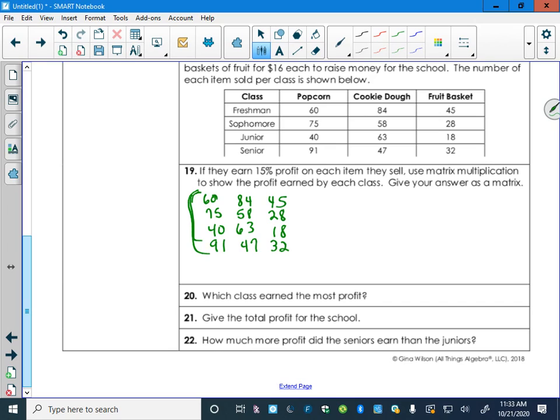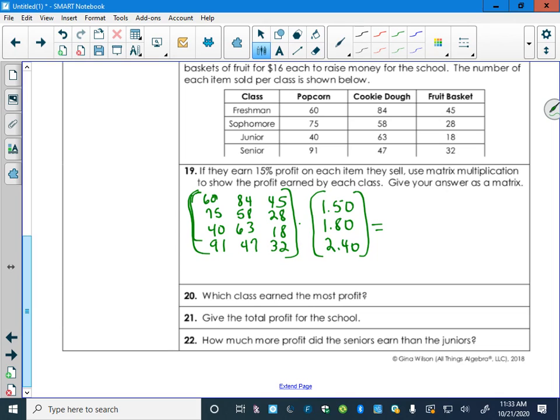All right, so I've made that into a matrix. I'm going to multiply by the profit of each, so that's $1.50, $1.80, and $2.40. Okay, I will use matrix multiplication to solve that.